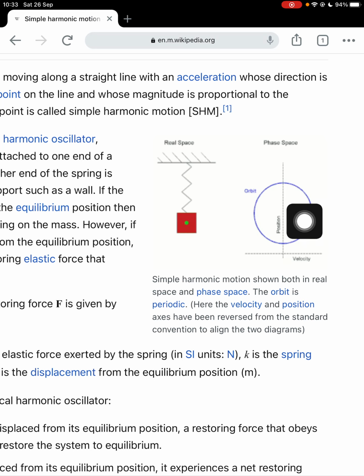So the distance from the equilibrium position to the maximum compression is equal to the amplitude. In the same way, the distance from the equilibrium position to the maximum extension is the amplitude as well. So that's called the amplitude, the maximum displacement from the equilibrium position of the spring.